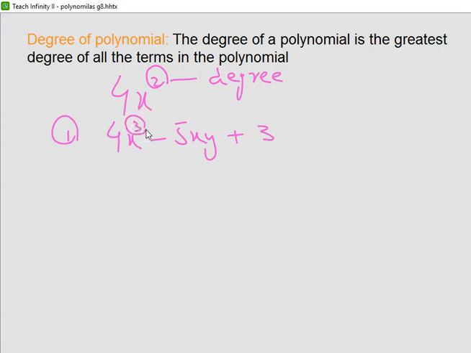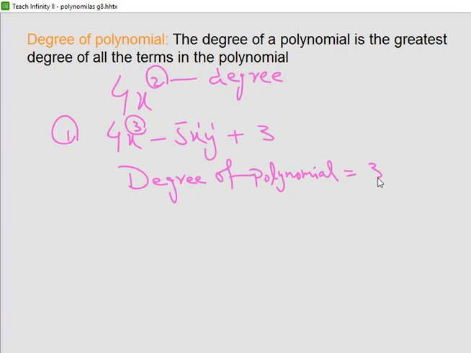If you look here, the middle term has 1 and 1, and the last term has power 0, since no variable is there. So the highest degree is 3, so we will say the degree of polynomial is equal to 3.